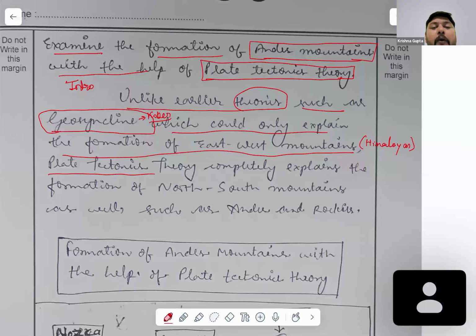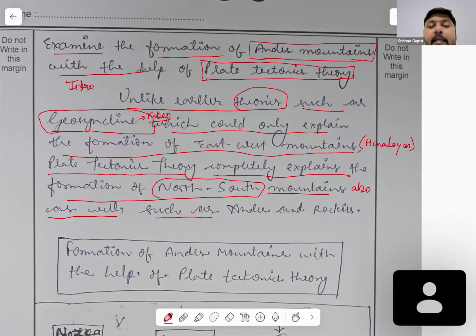Plate tectonic theory completely explains the formation of north-south mountains also, such as Andes and Rockies mountain. Okay, so this is a good part which is taken up here.